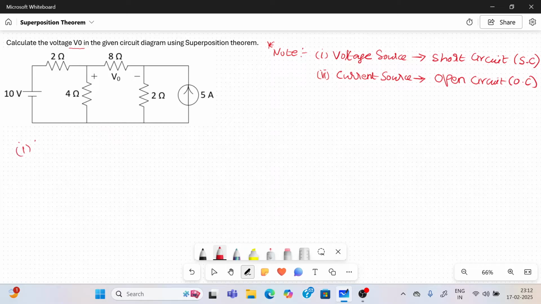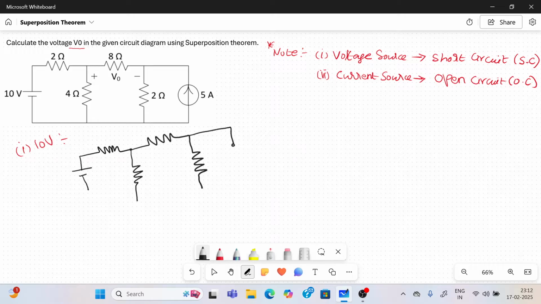First, I want to keep the 10-volt voltage source. I should redraw the circuit: 10 volt, 2 ohm, 4 ohm, 8 ohm, 2 ohm.